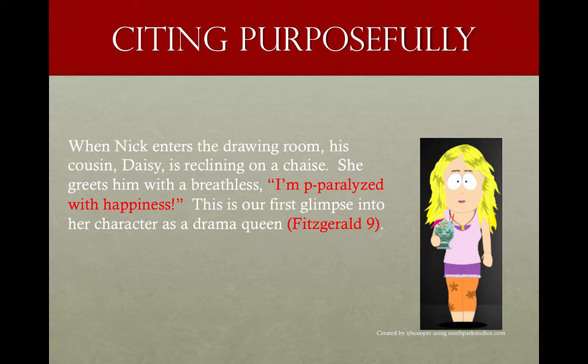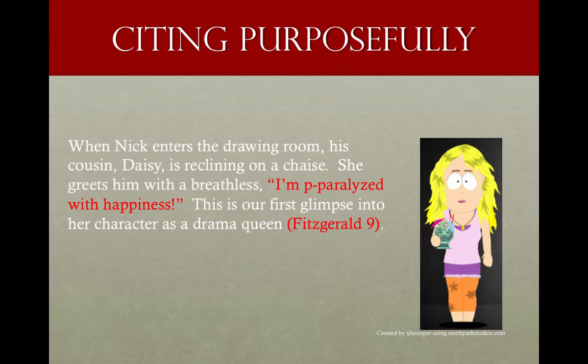So this is a sentence in my pretend paper. When Nick enters the drawing room, his cousin Daisy is reclining on the chaise. She greets him with a breathless, "I'm paralyzed with happiness." This is our first glimpse into her character as a drama queen. And you'll notice I highlighted a couple of things in red.